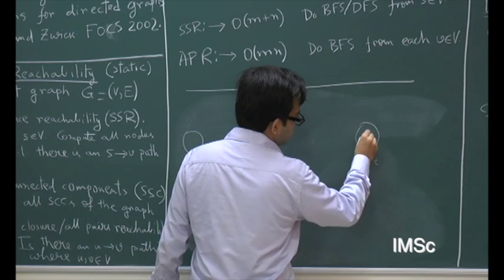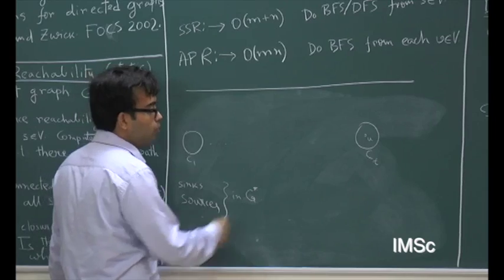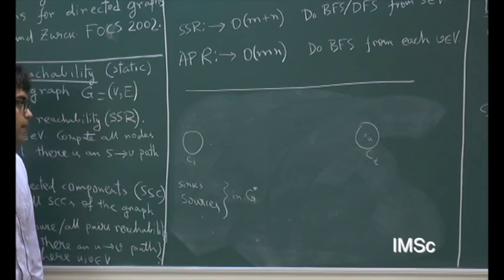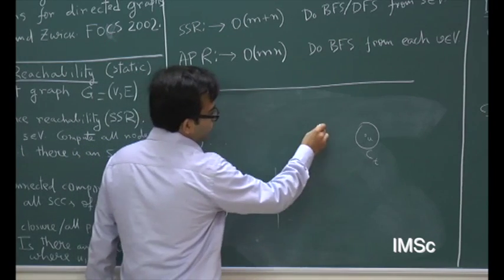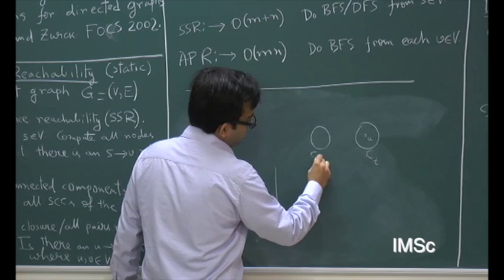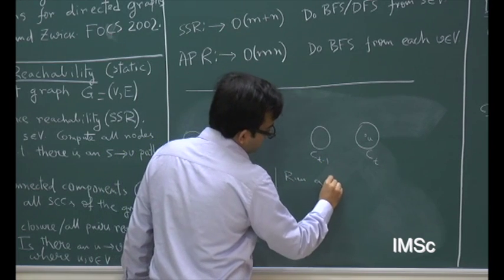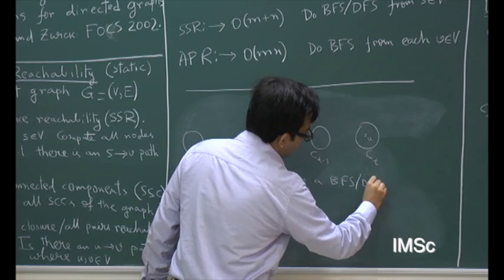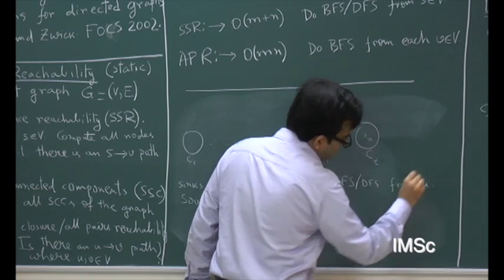Now, suppose somehow I tell you one node that belongs to a sink. Somehow magically I tell you. Then what you can do is as follows. So this is say Ct minus 1. You just run a BFS or DFS, whatever, from u.